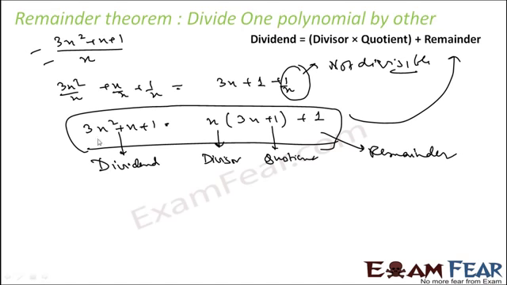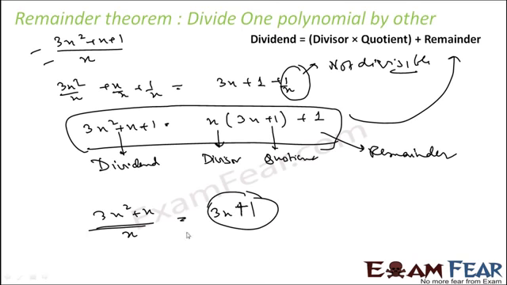Thus I can say that x is not a factor of the whole polynomial 3x square plus x plus 1. But if I had 3x square plus x, then I could have said x is a factor, because this becomes x into 3x plus 1. You can actually divide, there is no remainder. Since there was a remainder in this case, I can say that x is not a factor of this.